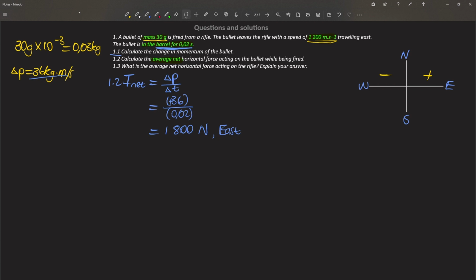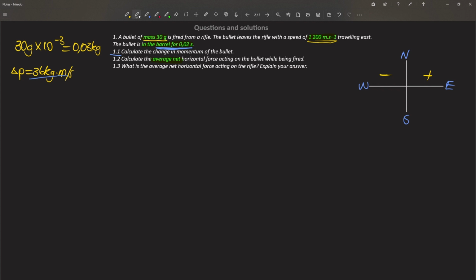Okay, now let's look at the last question. They say, what is the average net horizontal force acting on the rifle?